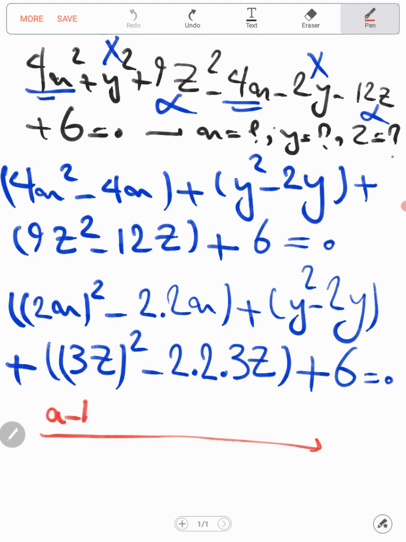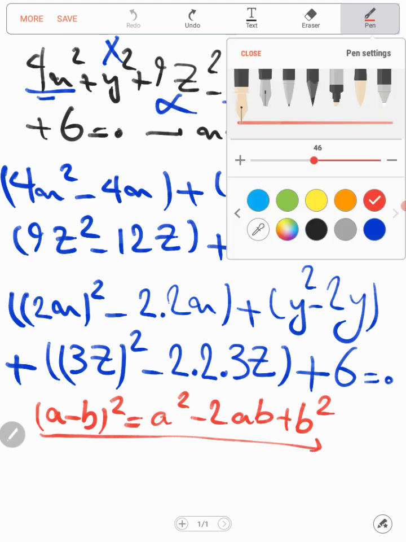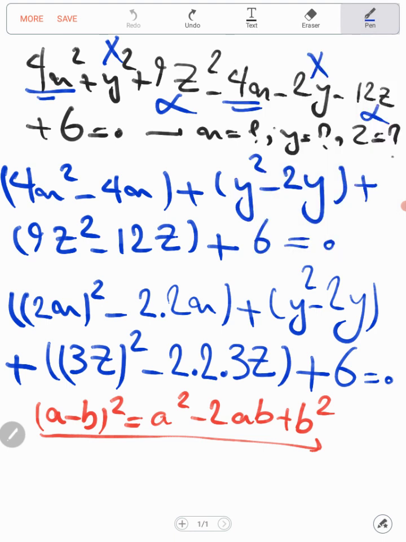I mean this: a minus b squared equals a squared minus 2ab plus b squared. Because of this formula, I think it's better to add some amounts to these parentheses. Let's get started adding some amounts to these parentheses.